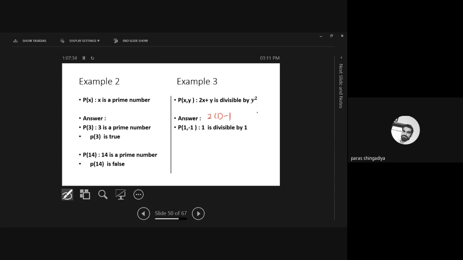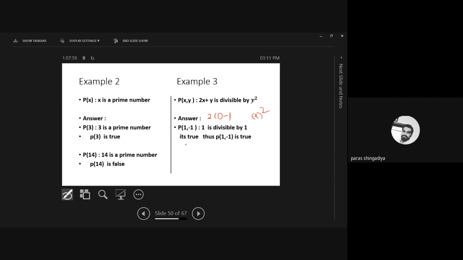It is minus 1 square, and minus 1 square will be 1. So we get this: 1 is divisible by 1, that is correct. You can divide 1 by 1. So P of 1 comma minus 1 is a pair which reflects the true outcome for the given predicate.